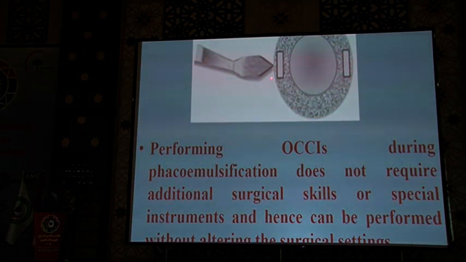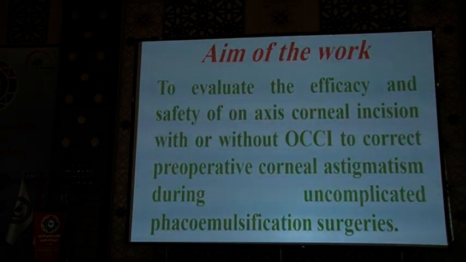So this is the initial incision for phacoemulsification, and we can do another incision opposite to the first incision to minimize astigmatism of 1 to 2 diopters. The aim of this study is to evaluate the efficacy and safety on corneal astigmatism with or without opposite clear corneal incision.